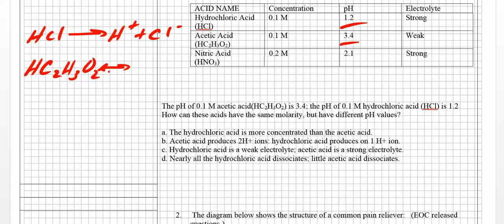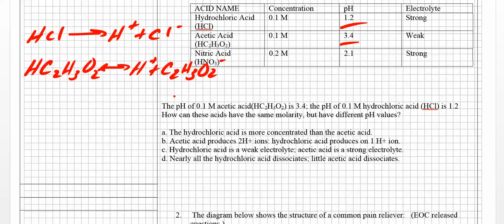In other words, this is what we call an equilibrium. Some of the acetic acid is going to dissociate into H+ ions and some into acetate ions that look like this. But the point is that it's not a complete process. The arrow doesn't just go to the right, it goes back and forth, and it's an equilibrium. So not all the acetic acid is going to dissociate.